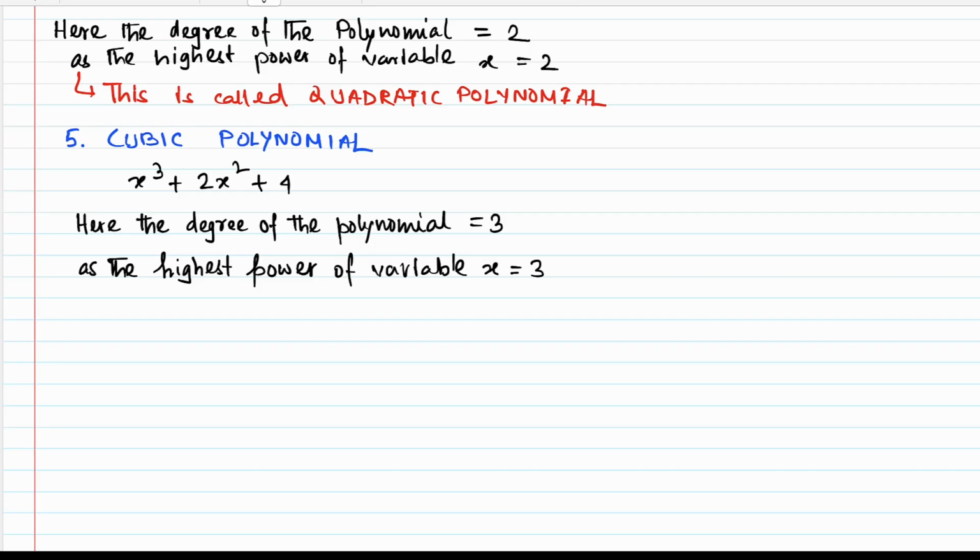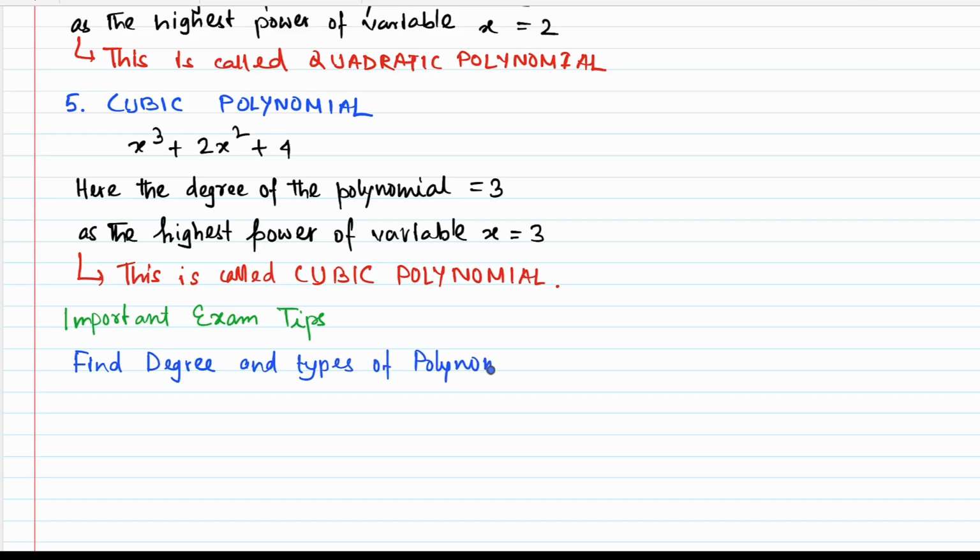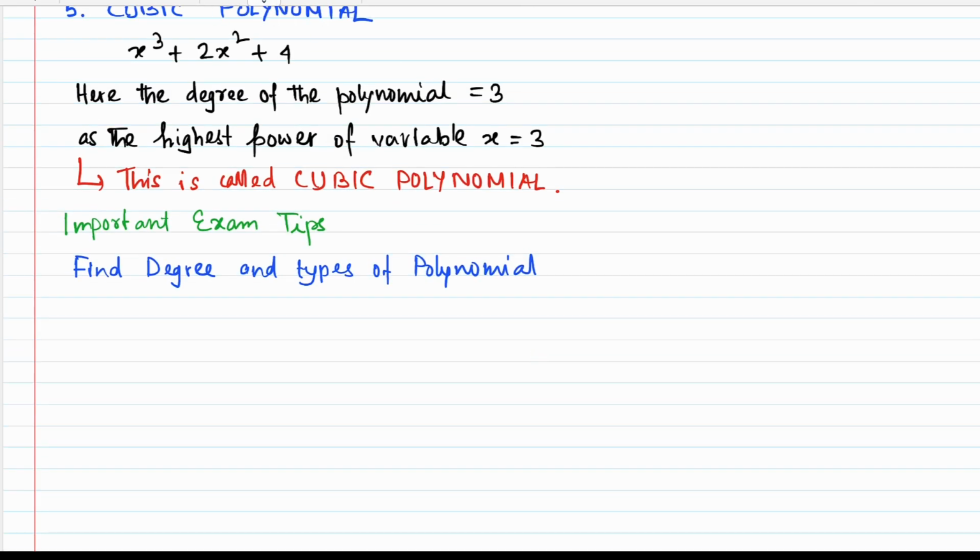So a polynomial with degree 3 is called a cubic polynomial. So that's all. We have these 5 important types of polynomial: zero polynomial, constant polynomial, linear polynomial or monomial, quadratic polynomial or binomial, and cubic polynomial.